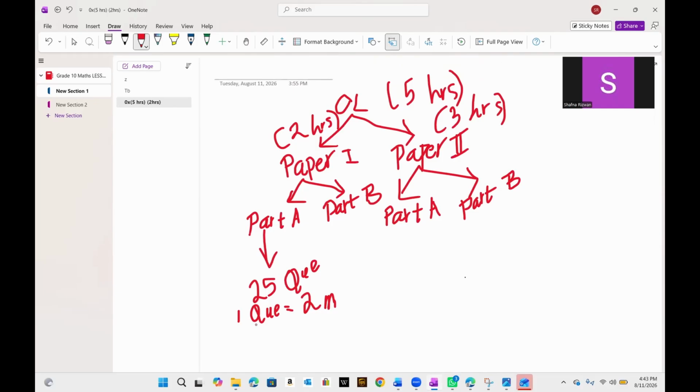If one question equals 2 marks, then if you have 25 questions, how many marks will it be? You have to multiply 25 by 2. If you multiply 25 by 2, you will get 50 marks.